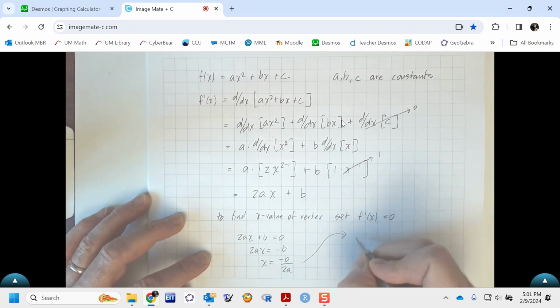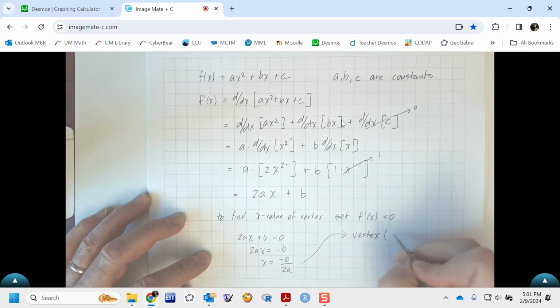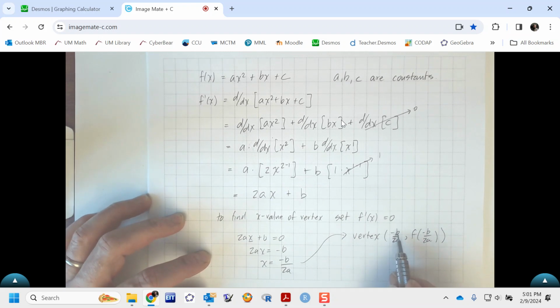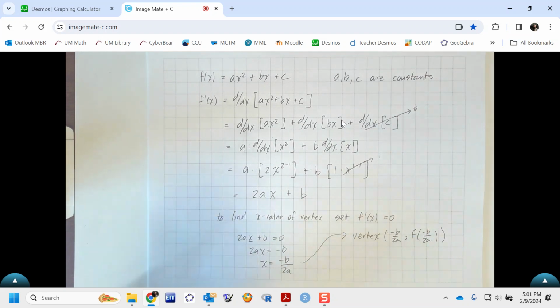So the vertex is located at negative b over 2a, comma, f of negative b over 2a, right? In other words, the vertex is found at this value of x plus the value of the function at that value of x. Let's go ahead and plug it in and see if it really works.